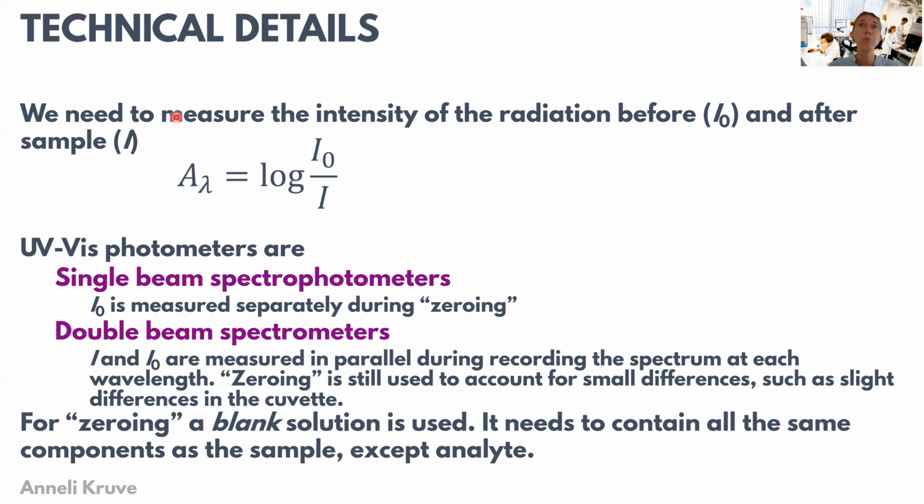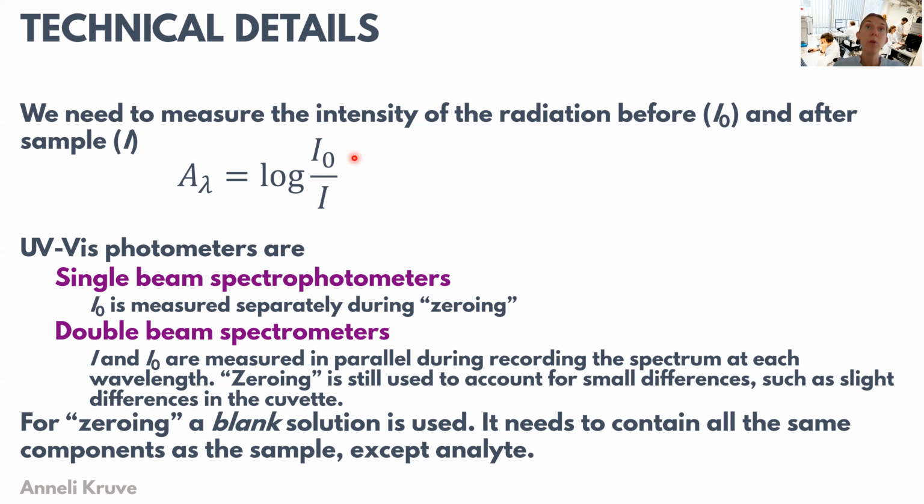The absorption measurement we denote here by A, and it is calculated from the intensity of the radiation that came from the lamp through the monochromator to the detector if the sample was not there, so if nothing was absorbing, compared to the I, which denotes the intensity of the light when it passed through the sample.